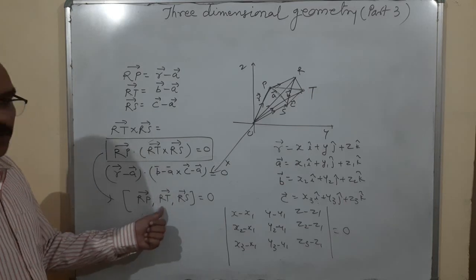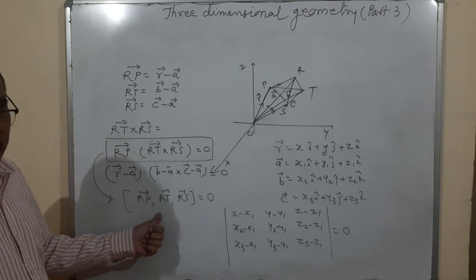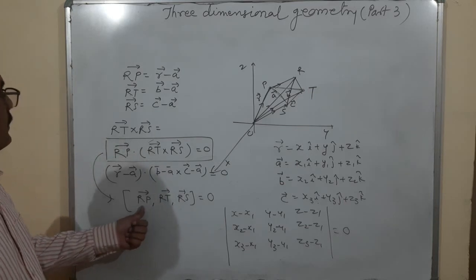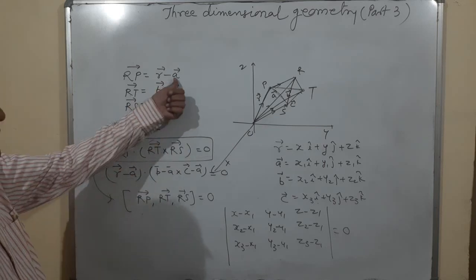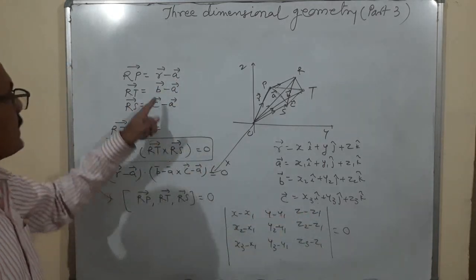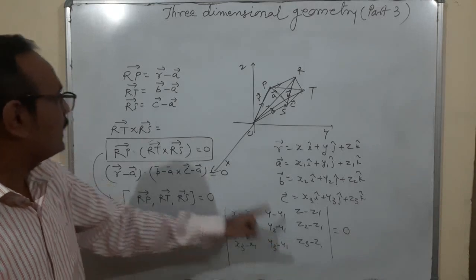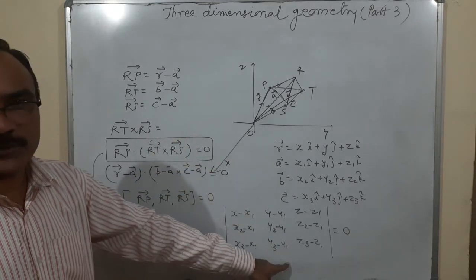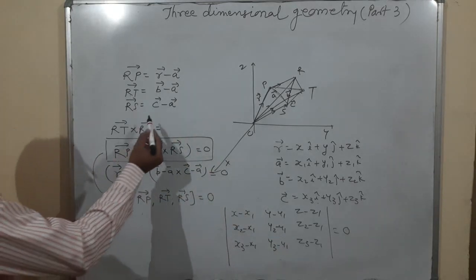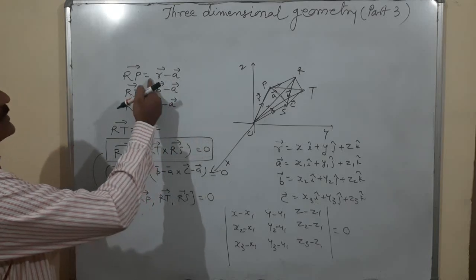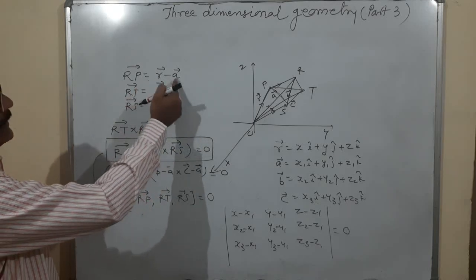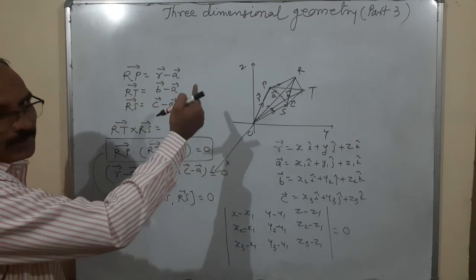Because you know how to solve the scalar triple product. Simple, first is RP, which is R minus A, second is B minus A, and third is C minus A. Is it okay? R means xi plus yj plus zk, A means x1i plus y1j plus z1k.